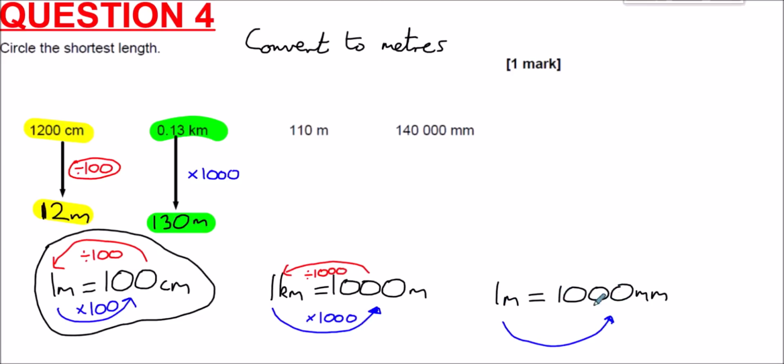From metres to millimetres, we're going from a small number to a big number, so we'd multiply that by 1,000. And to go the opposite way round, we just do the opposite thing and divide by 1,000. So to change from millimetres to metres, we're going to divide this figure here by 1,000.